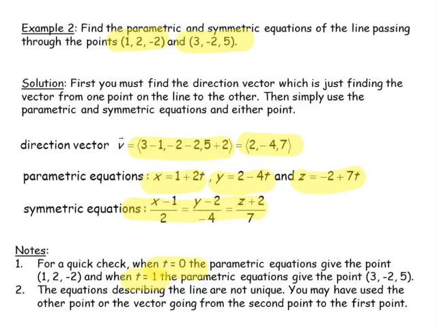These equations are not unique, and so there could be multiple answers, just like when we are in a two-dimensional plane. We can describe the same line in numerous ways by just making them scalar multiples of each other. Here we can just pick different points in that same direction and make our equations look a little bit different.